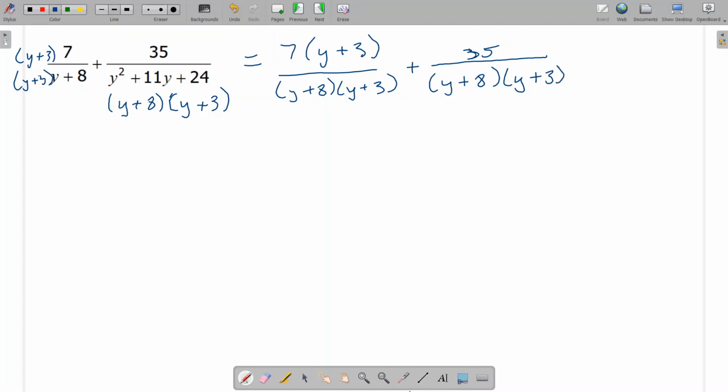Now, I'm going to combine these numerators together by adding. So let's go ahead and distribute that 7. So we would get 7y plus 3 plus 35. So let's go ahead and just make that a 38.